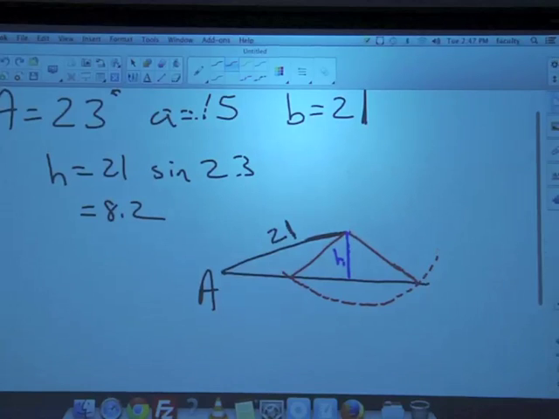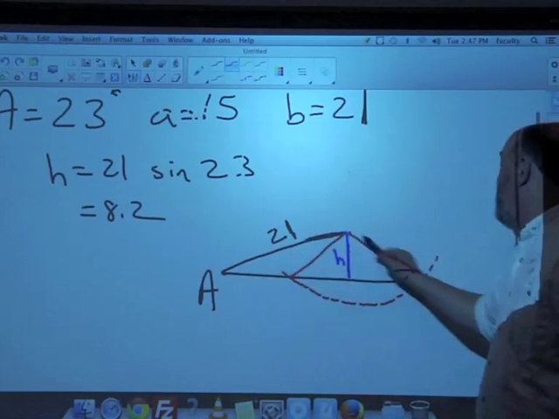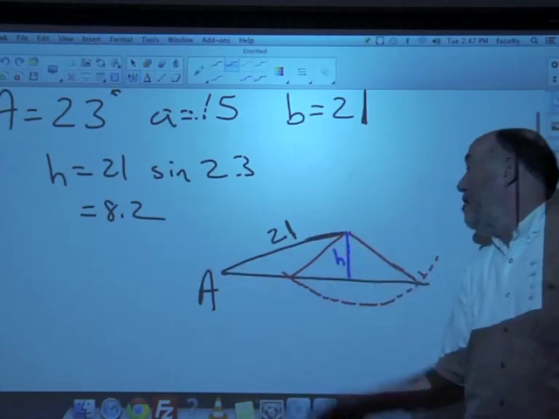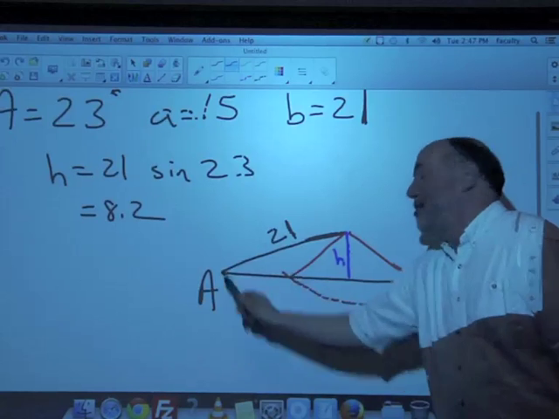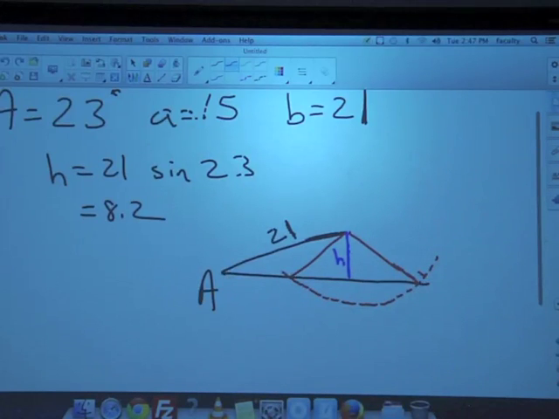Given just those three pieces of information, if I said build a triangle, you could build two possibilities. You could build this one that goes out like that, or this one that looks like that. So now what we have to do is find everything in regards to both triangles.